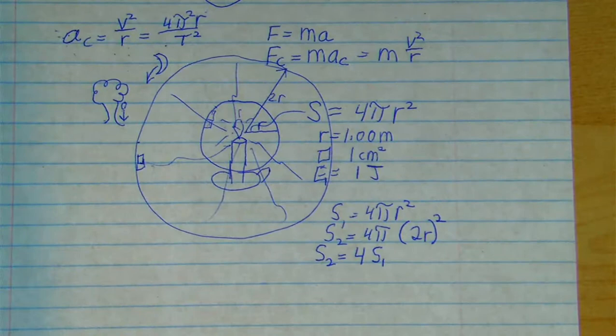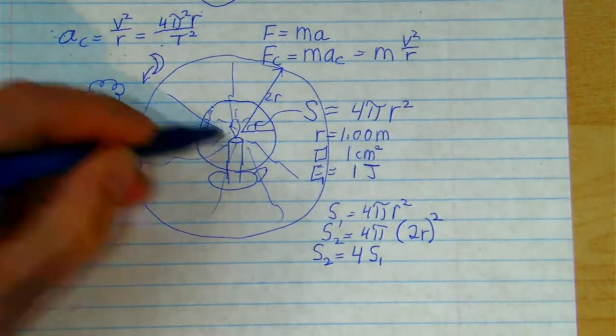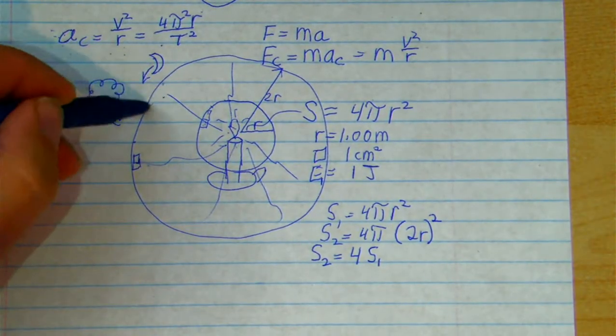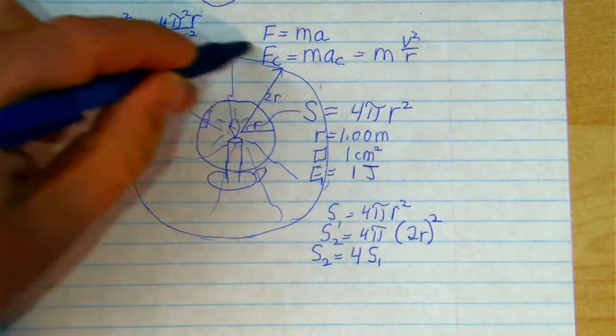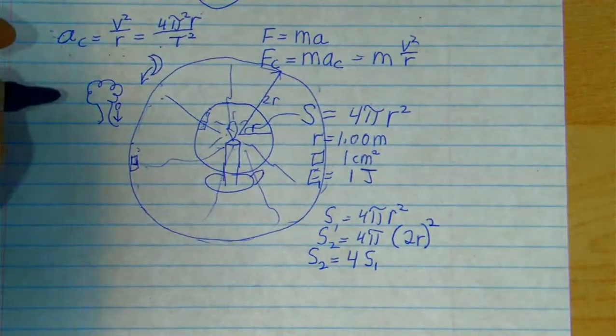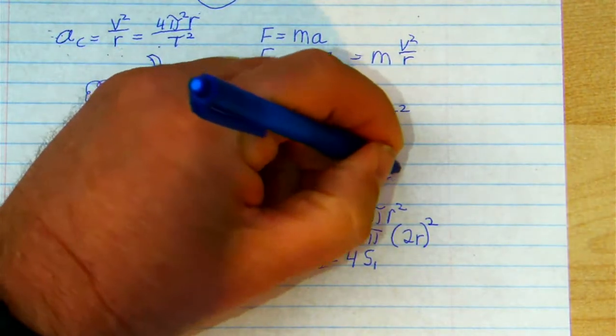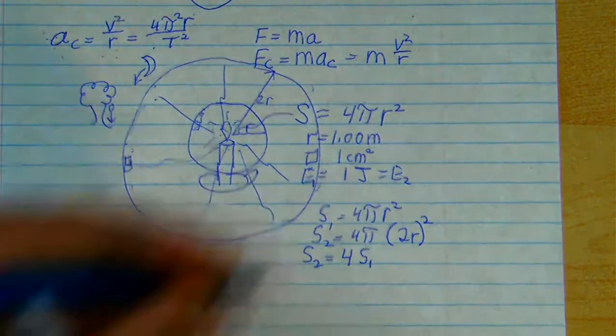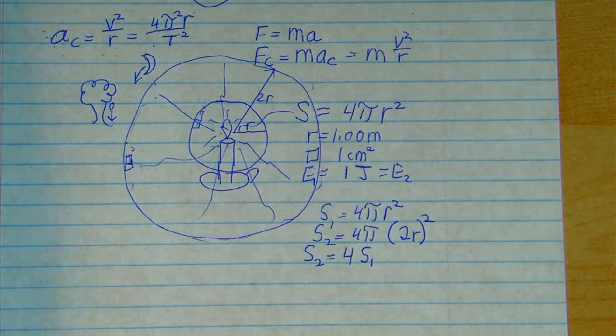That's the only difference. So it travels twice as far, but I'm still going to collect all of that energy. And all of that energy, the total, should be unchanged. So if it's putting out 1 joule per second of energy, it's still putting out 1 joule per second of energy. The total energy isn't going to change.